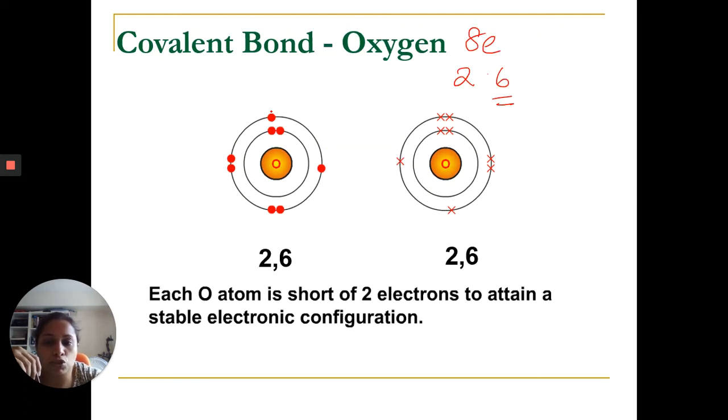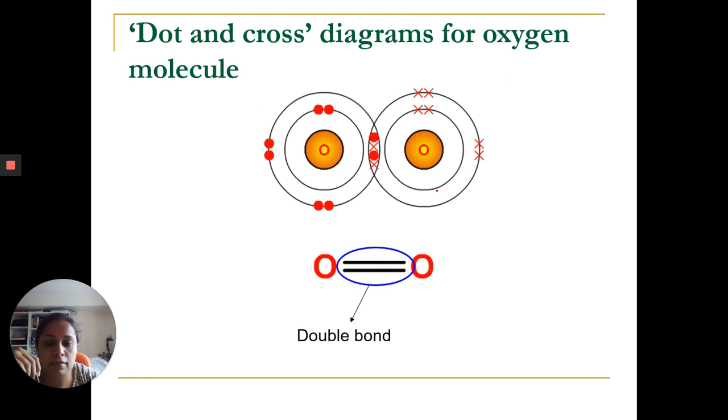Bring these two and these two to the center. The 2 crosses and 2 dots come to the overlapping region. Then you count: this has 4, 5, 6, 7, 8 in the valence shell. Here also 4, 5, 6, 7, 8 in the valence shell. So it's stable. Since there is 1 dot, 1 cross, 1 dot, 1 cross, we denote by 2 lines, and it's known as a double bond.